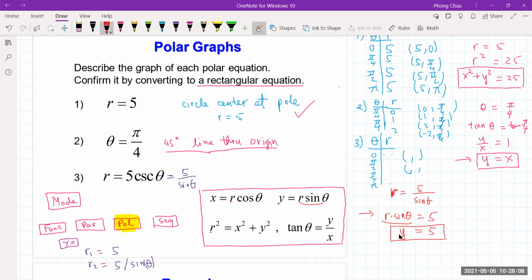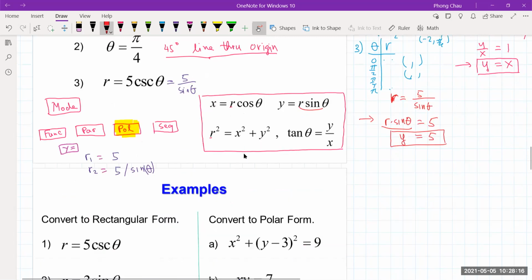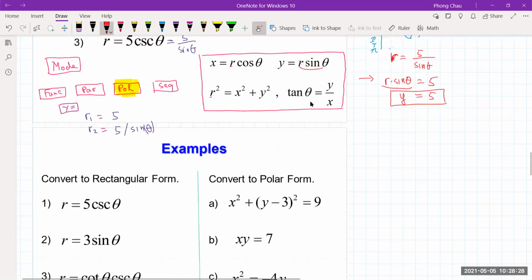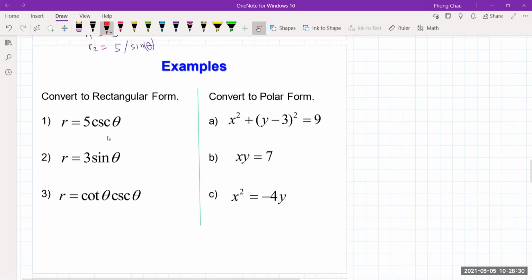Right, so the next key topic is, would you be able to convert from polar equations to rectangular equations, or from rectangular equations back to polar equations? Let's do the left hand side first.